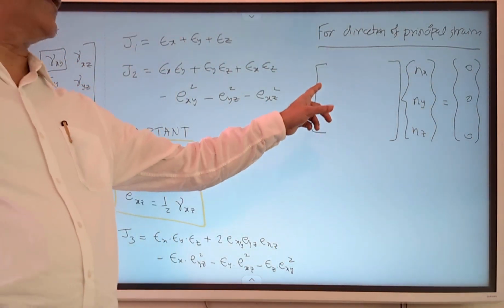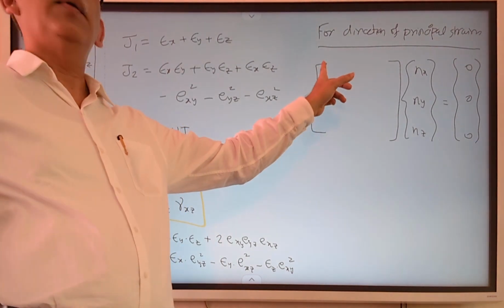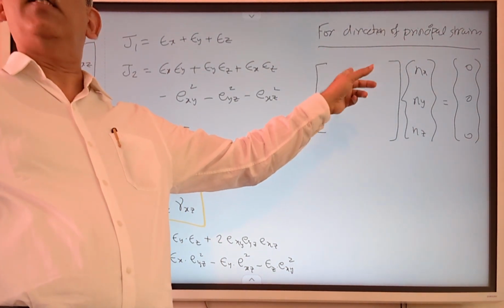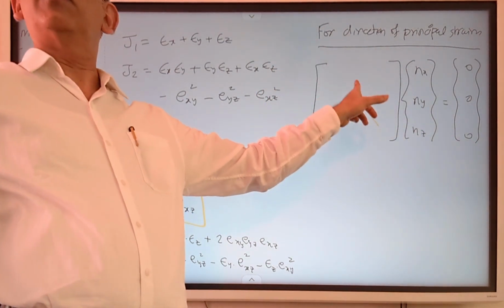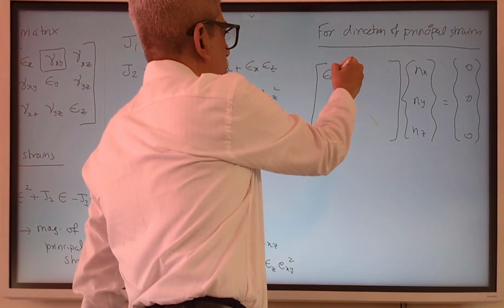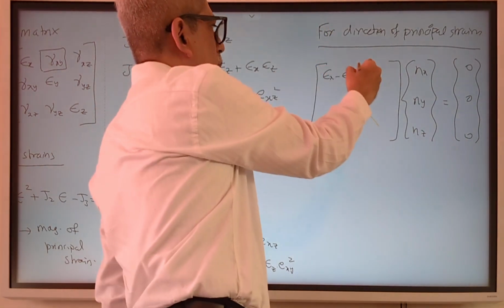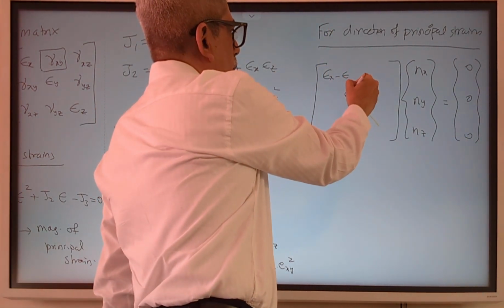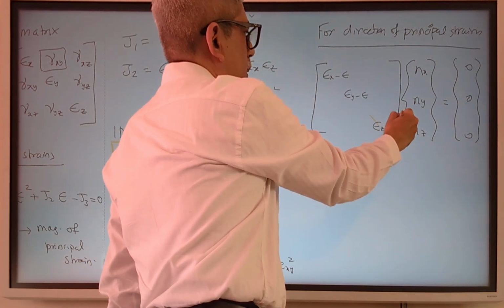It is also an eigenvalue problem. On the diagonal terms, you will have the principal strain getting subtracted. So here you will have epsilon x minus epsilon, where epsilon is the principal strain, epsilon y minus epsilon, and epsilon z minus epsilon.